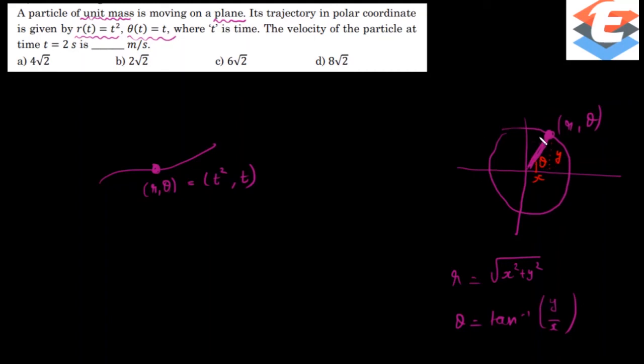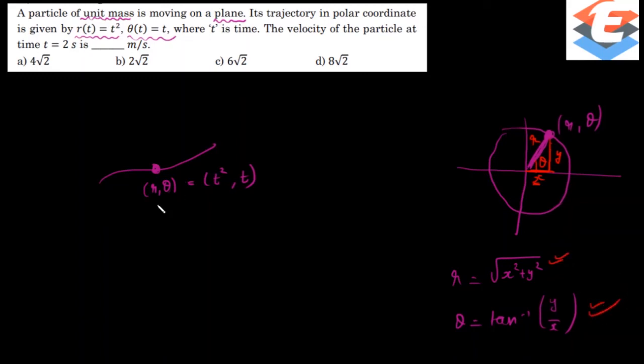So if a particle moves in a circular motion, we know that r will be equal to root of x square plus y square. X square is this distance, and y square is this distance. So r can be determined, that is, hypotenuse square equals adjacent square plus opposite square, right? And theta will be equal to tan inverse of y by x.